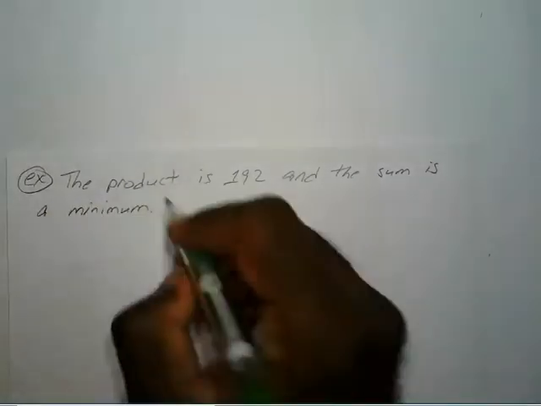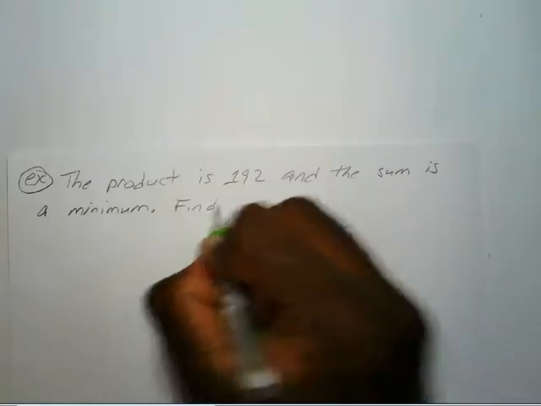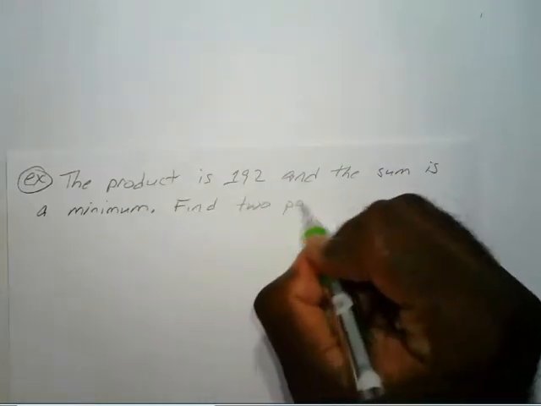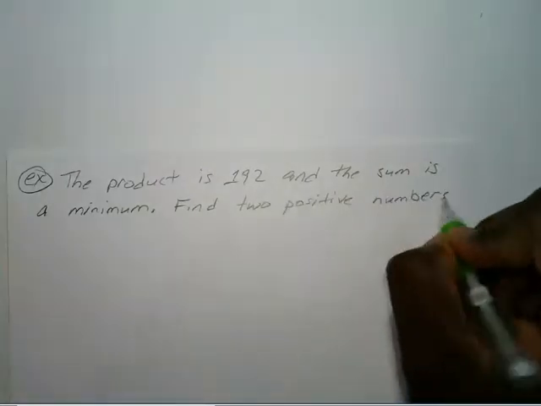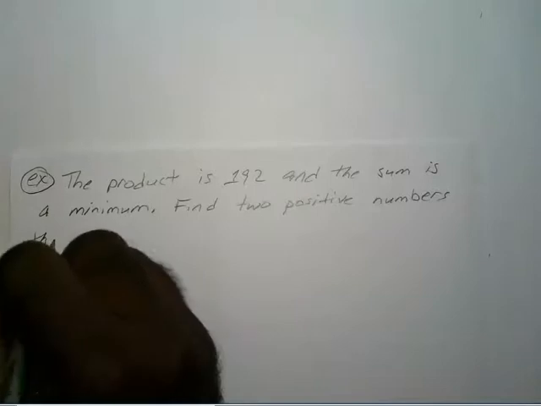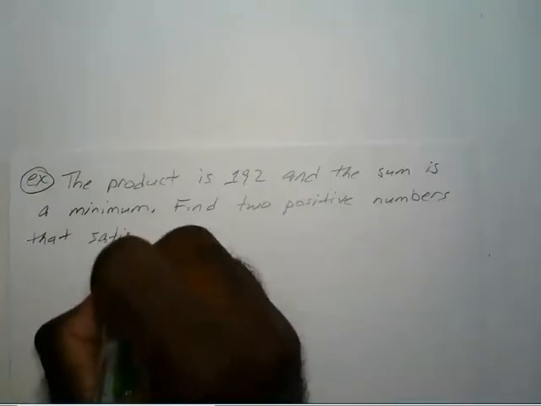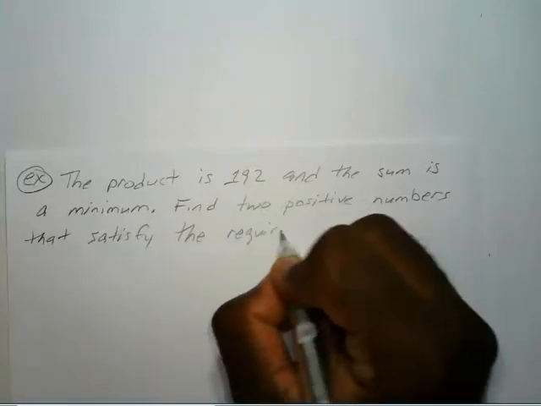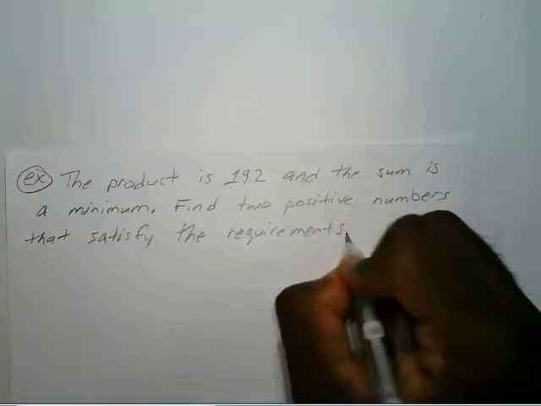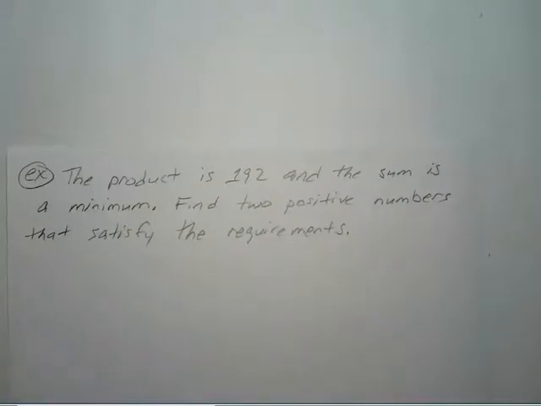Find two positive numbers that satisfy the requirements. This really isn't a story problem. This is just to invite you to the uses of the steps that we previously mentioned.